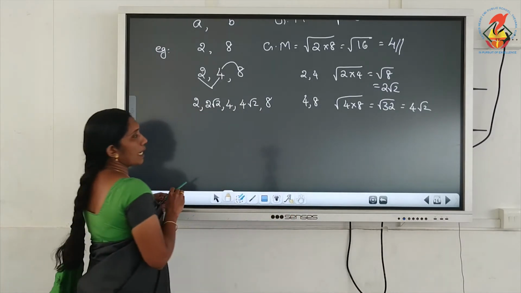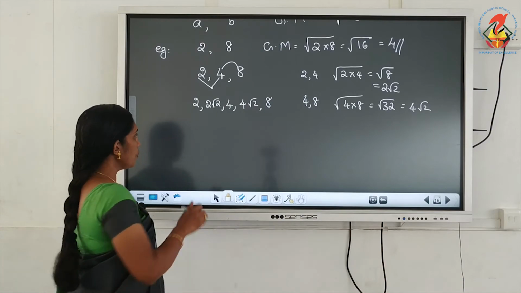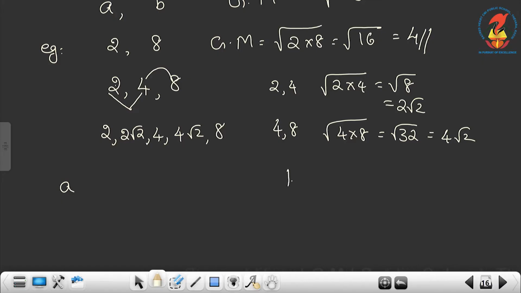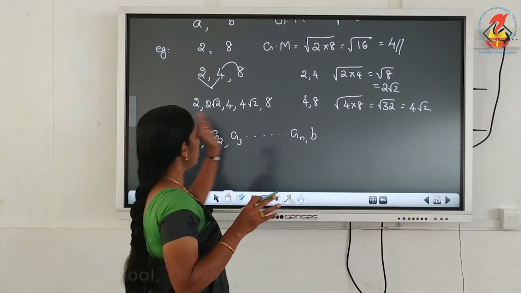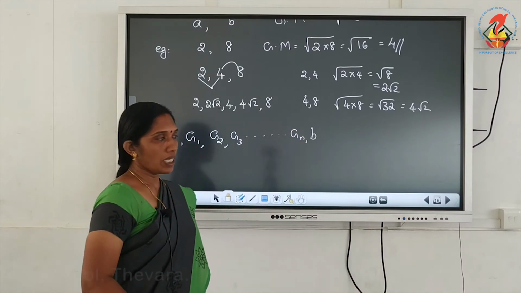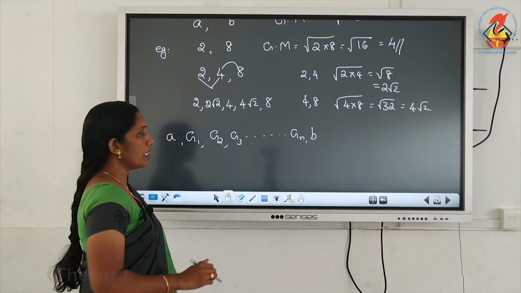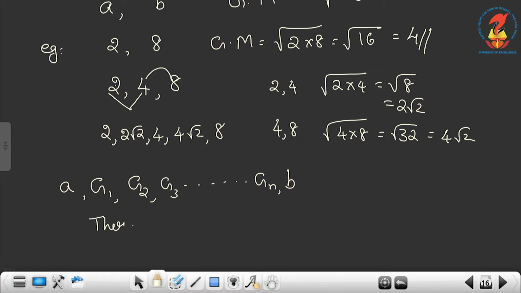Suppose we insert n numbers in between two positive numbers a and b. Let G1, G2, G3, etc., Gn be n numbers inserted between two positive numbers a and b. So now how many terms are there?